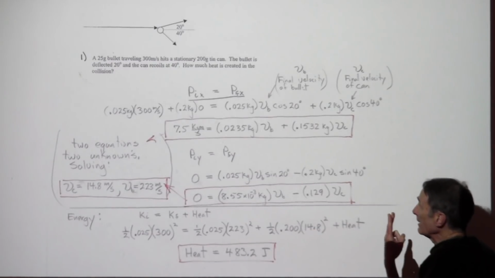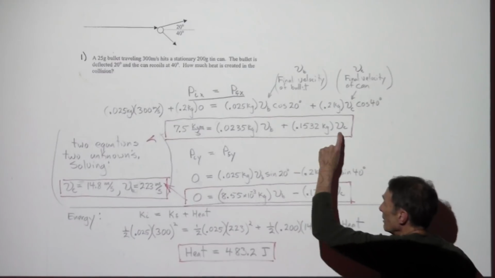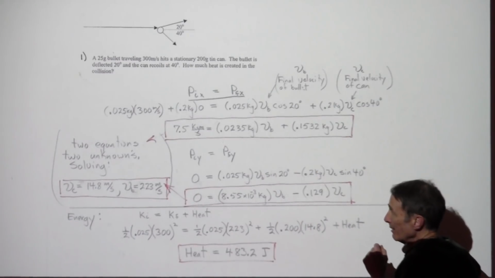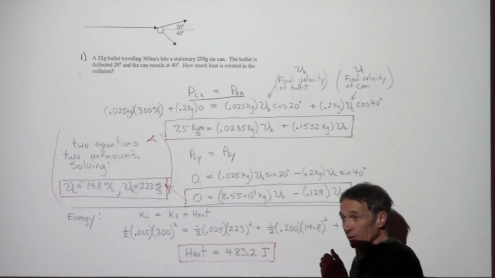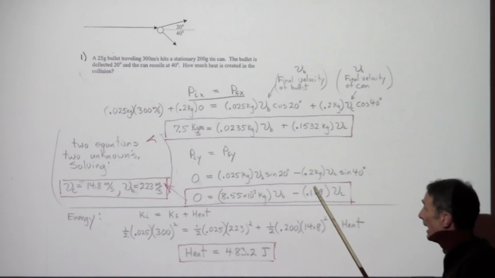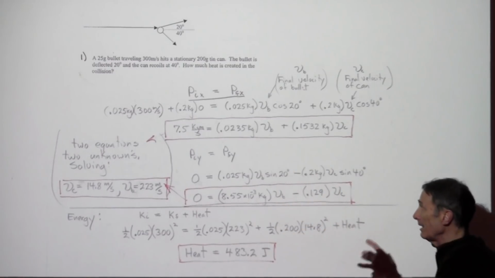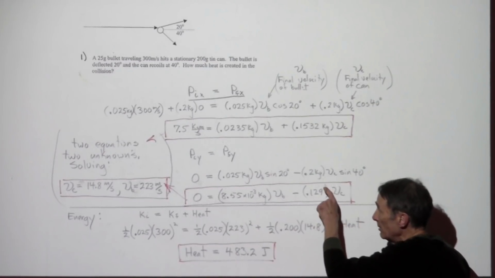So I've got really two equations and two unknowns, the velocity of the bullet and the velocity of the can. Now, I don't have all the details. I trust that you're sophisticated enough in your math to be able to solve for that. I want to just lay the pieces of the puzzle out so that you have the big picture of what you need to do.